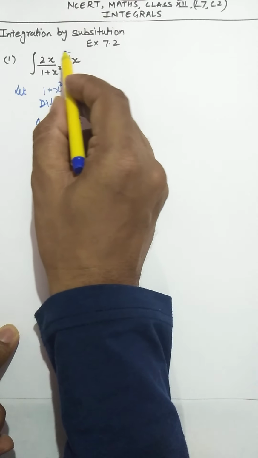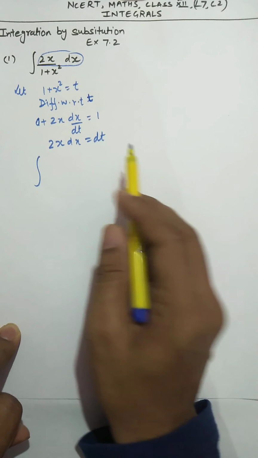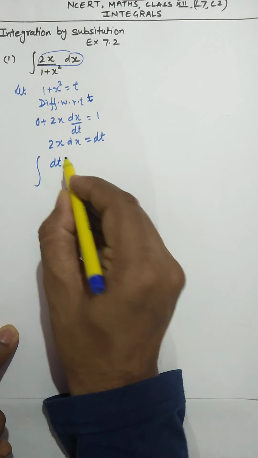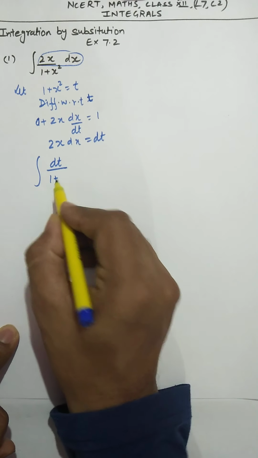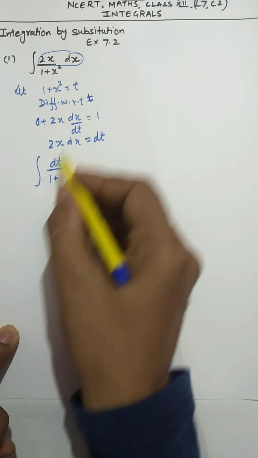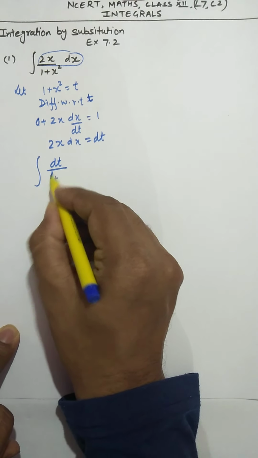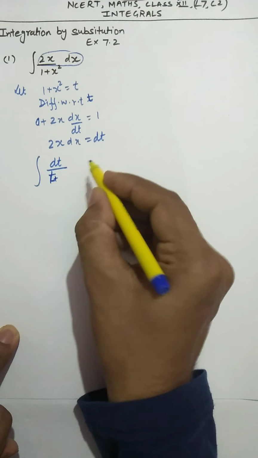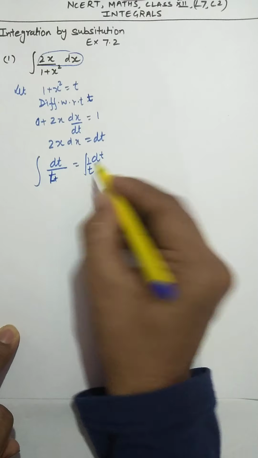Your numerator is 2x dx, so that numerator can completely be substituted with dt, and this 1 plus x square you have assumed as t, so you can write dt upon t.